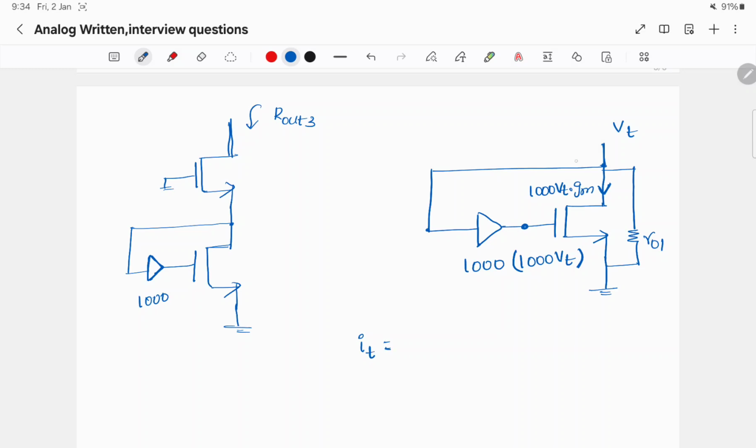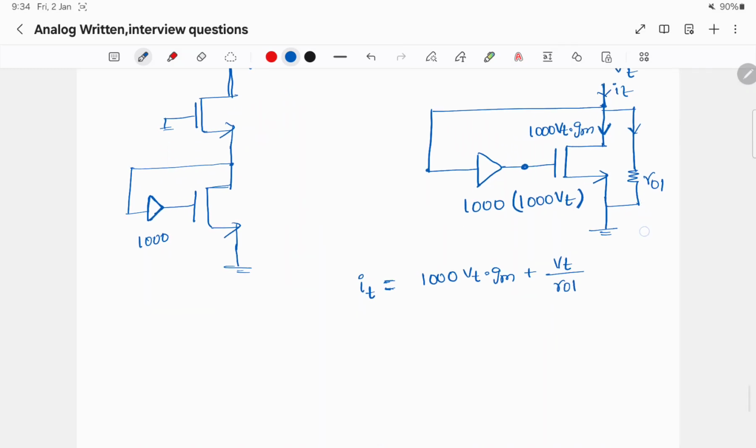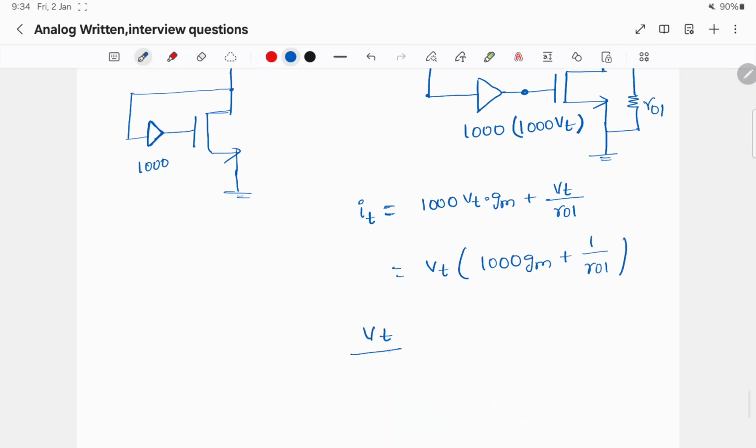IT is the sum of these two currents, the current flowing from the MOSFET drain to source and the current flowing in RO1. IT is 1000 VT times GM plus VT by RO1. If we take VT common, 1000 GM plus 1 by RO1.